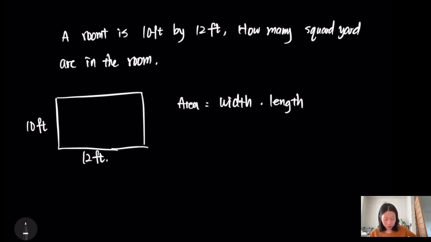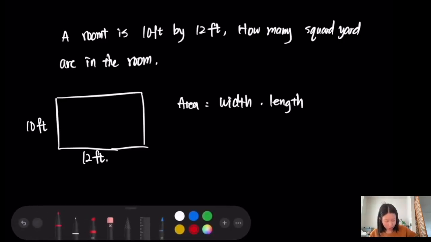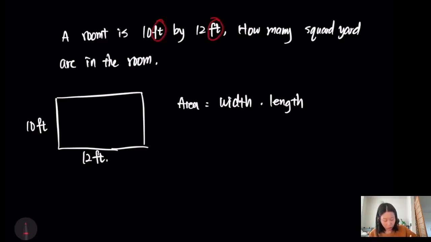And they are giving you the unit in feet, right? But what they want you to ask is the square yard. There's two ways to do it. Either you can convert that 10 feet and the 12 feet to yard first, or you can do it after you find out the square feet and then convert the square feet to the yard. You can do it later. I'm going to use the second method because we haven't tried how to convert the square yard.